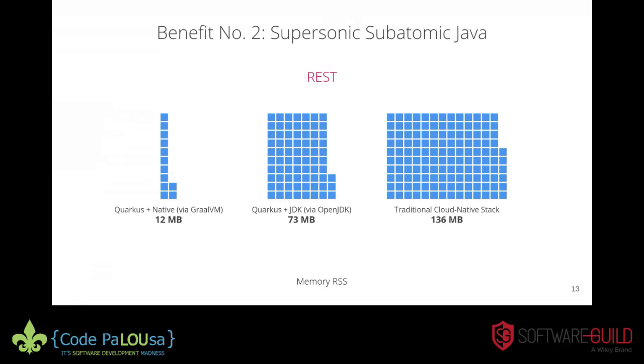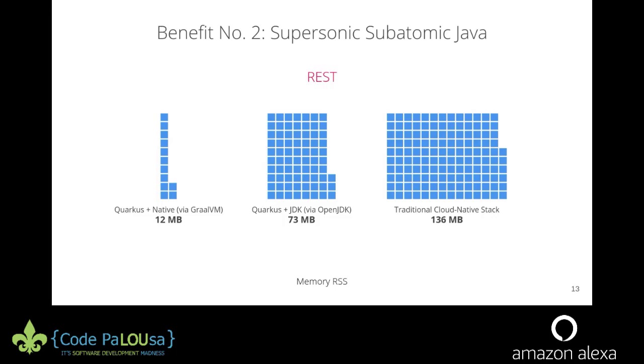In the middle is a Quarkus application that's running on the HotSpot VM, so a traditional OpenJDK VM environment. And you can see, we're roughly about half the size running in a HotSpot environment. And then if we compile down to native using GraalVM, you can see we're about 1/10 of the size. So now that use case for serverless comes into play for Java applications, and specifically Quarkus.